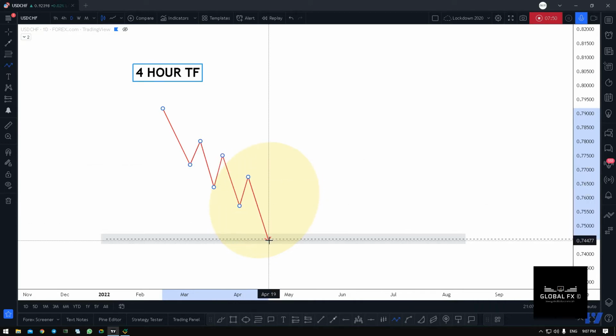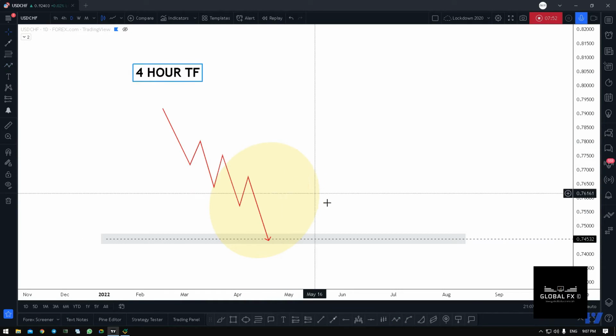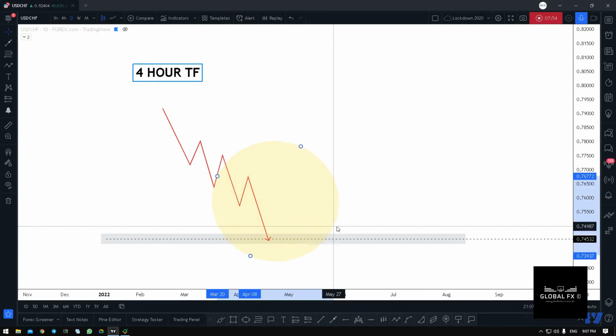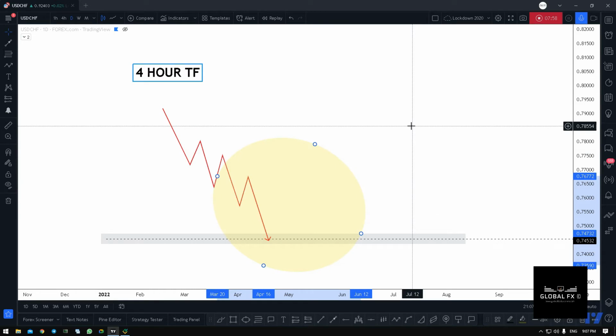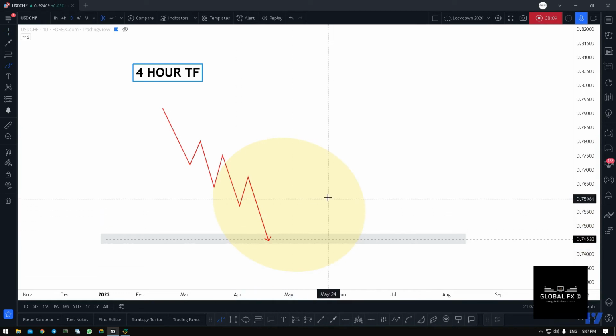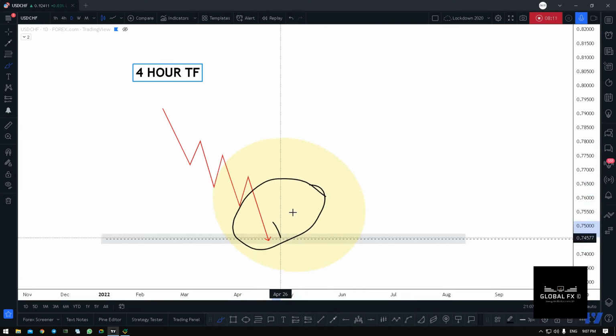But when it reaches the area of importance, the area that we are monitoring, we start to get ourselves prepared for our trade, because this is the place where we are looking for the market to make a move. You know what I mean?